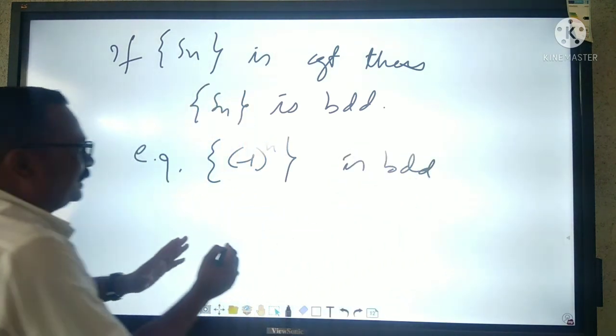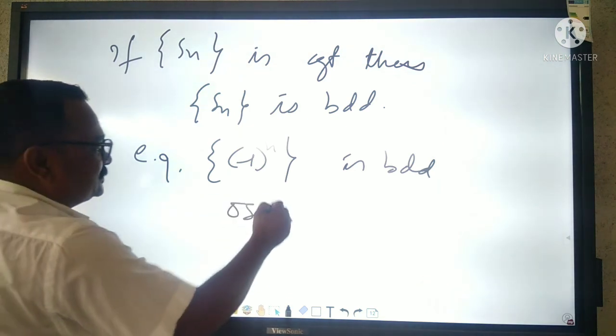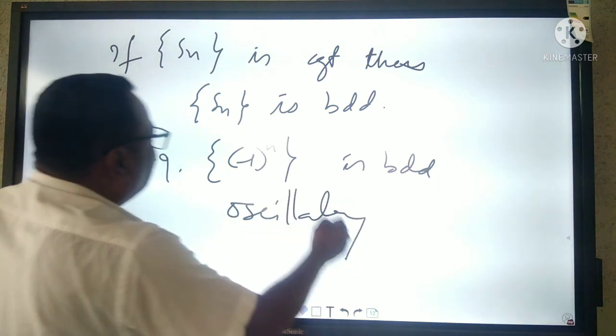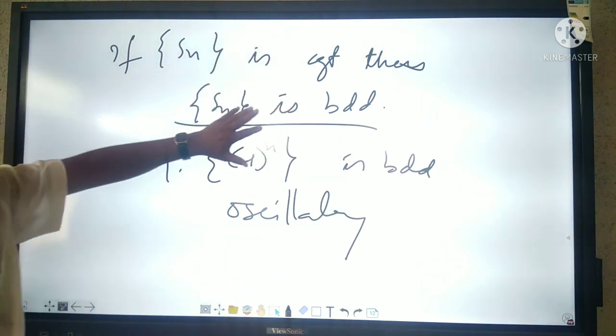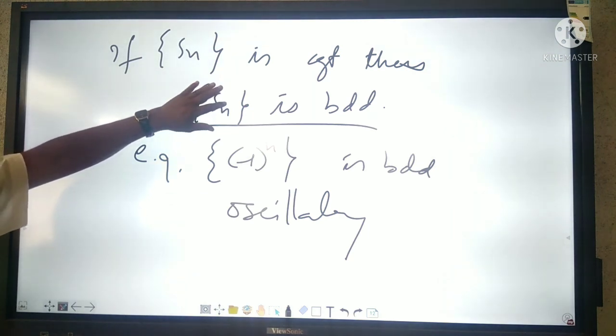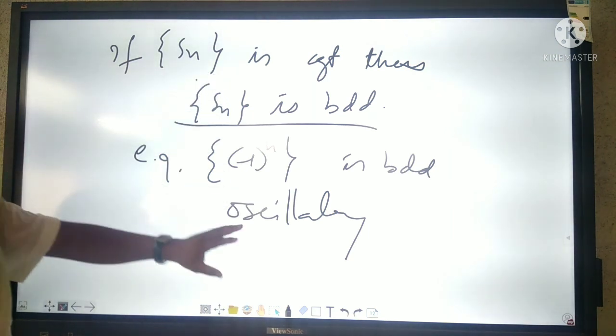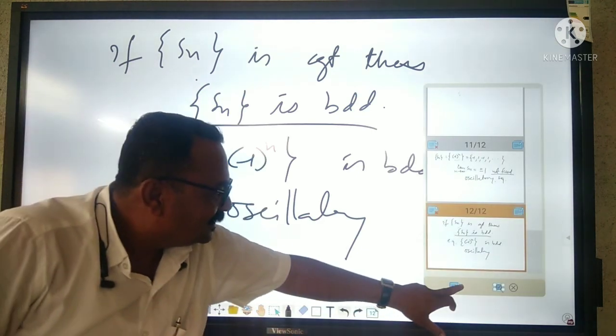But we know that it is not convergent; it is an oscillatory sequence. So see, the converse of this theorem is not true. If Sn is convergent, then it is bounded, but if a sequence is bounded, then it may or may not be convergent. The example of this is in this way.